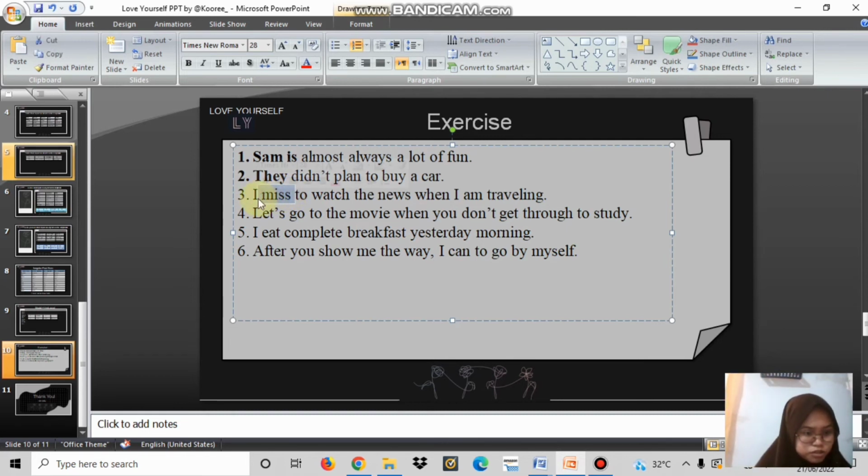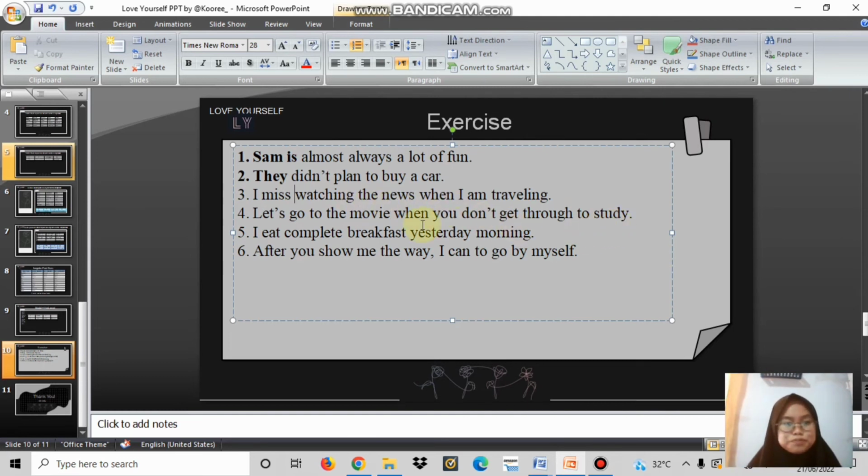The verb after that must be in the -ing form. So the correct sentence is I miss watching. After miss, the verb must be with -ing. I miss watching the news when I'm traveling.